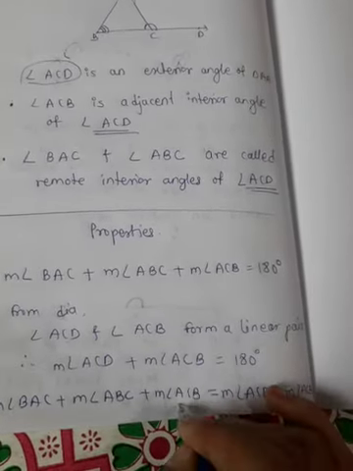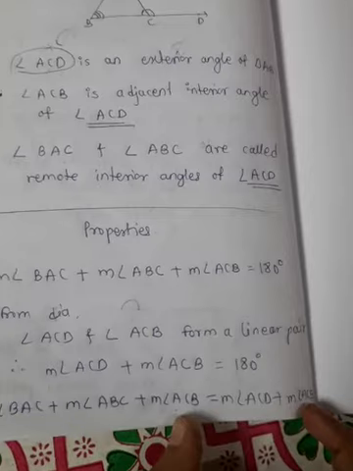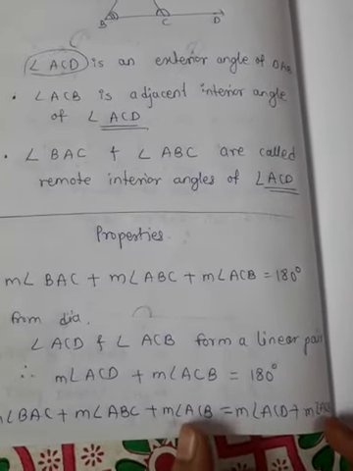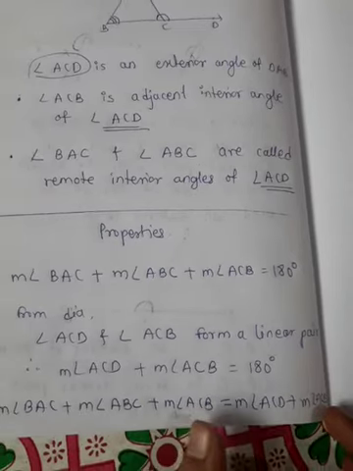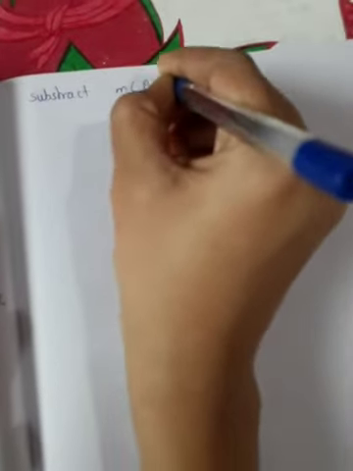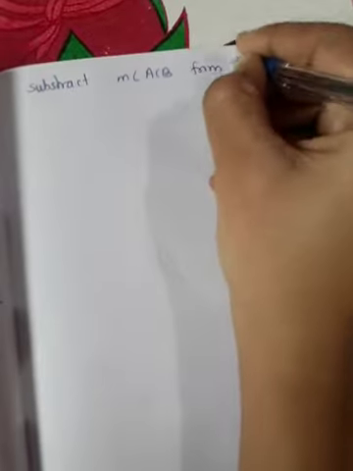This term is the same on both sides, so we can remove it by subtracting the measure of angle ACB from both sides.